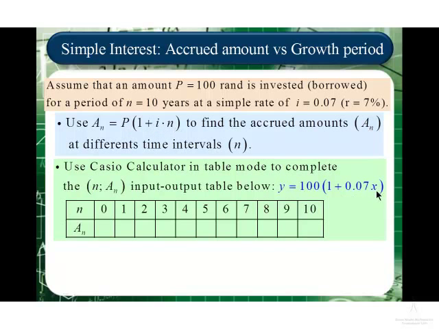Now notice that in this case we have replaced the n with an x and we have replaced the A sub n with a y. We can see this as a function, a linear function, where the input will be the number of the interest period, and the output, of course, would be the accrued or final amount at the end of that particular interest period.